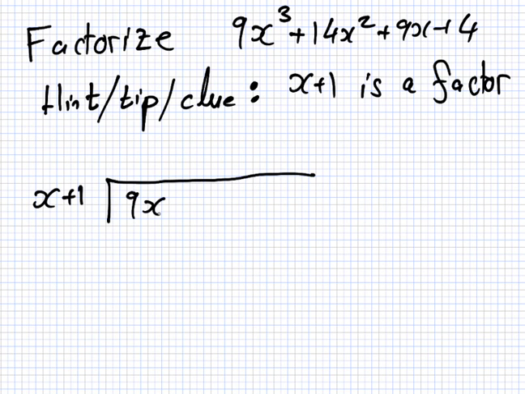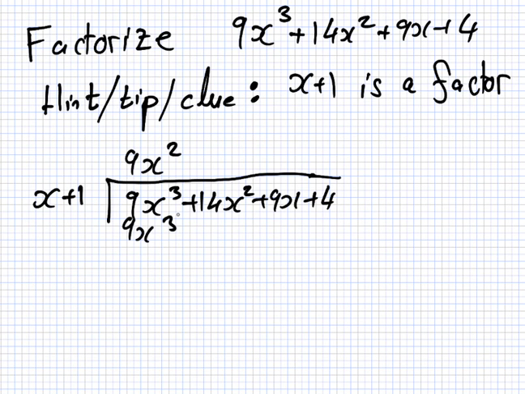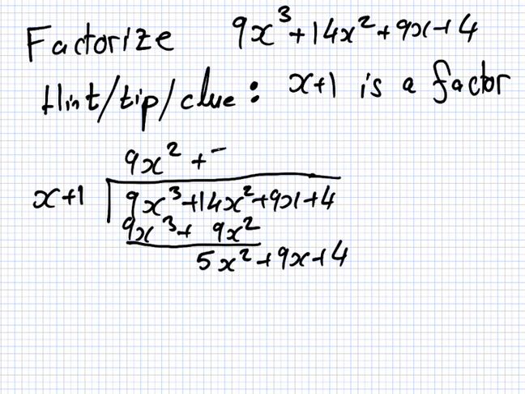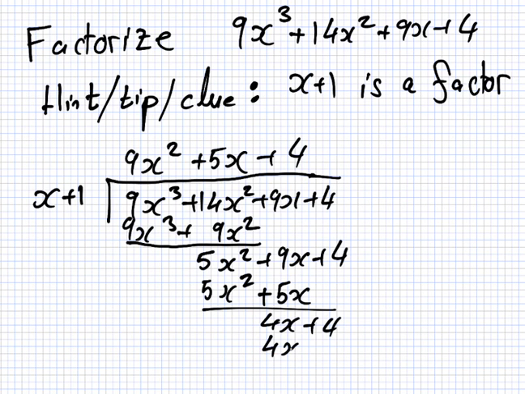So let's see how quick we can do it. 9x cubed plus 14x squared plus 9x plus 4. 9x squared, plus 5x squared, plus 5x, that's 4x plus 4. So the remainder here is 0.